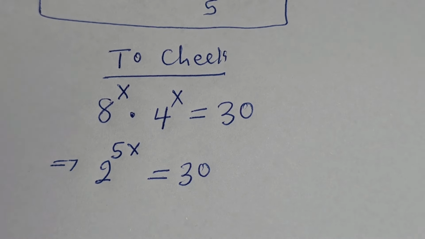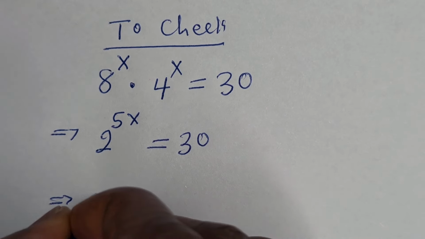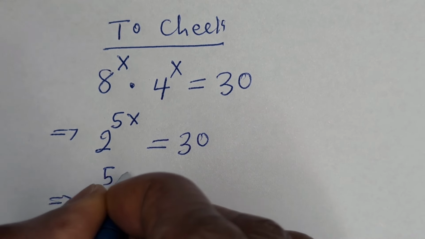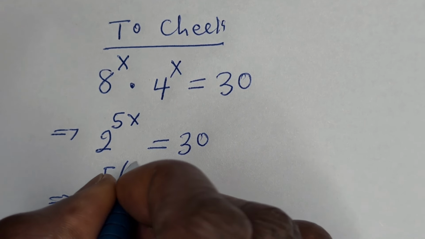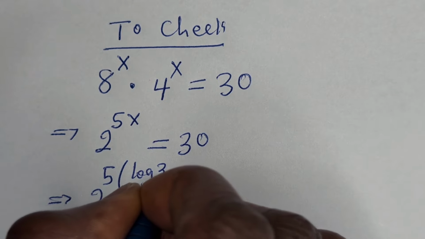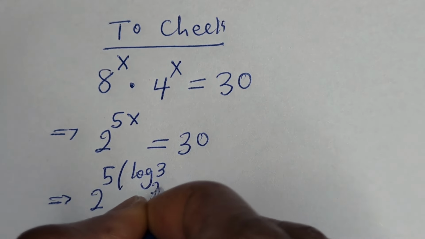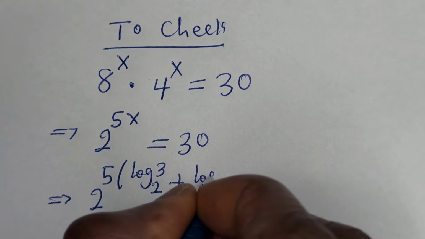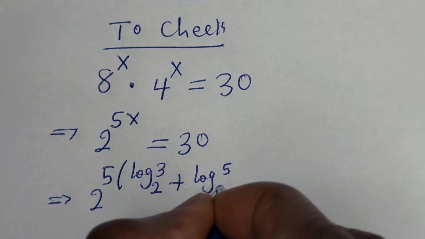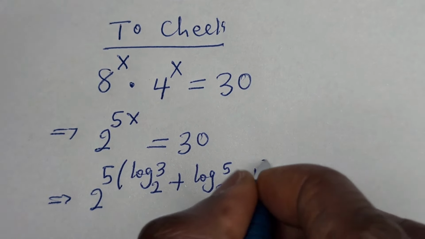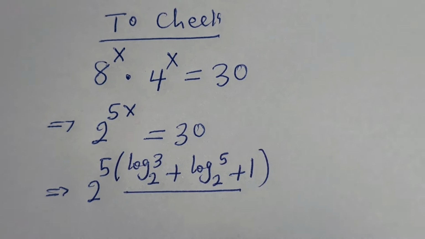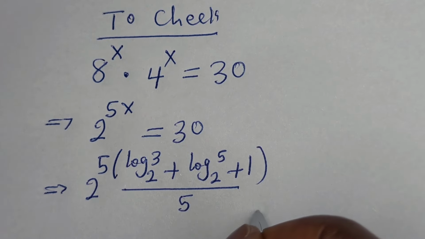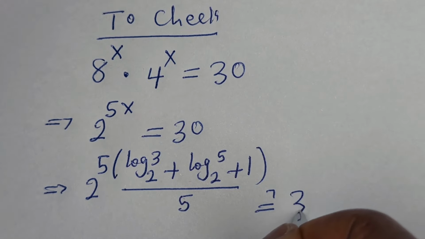Then we have 2 raised to power 5 bracket log 3 base 2 plus log 5 base 2 plus 1, divided by 5, must be equal to 30.